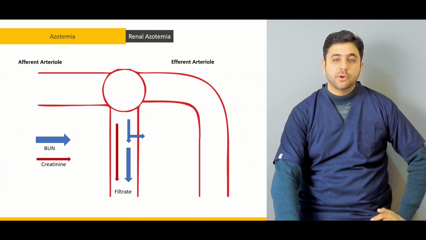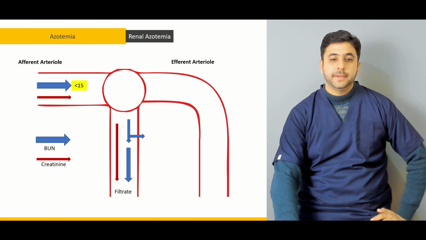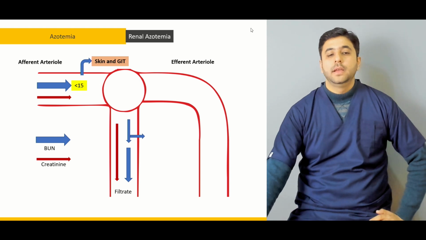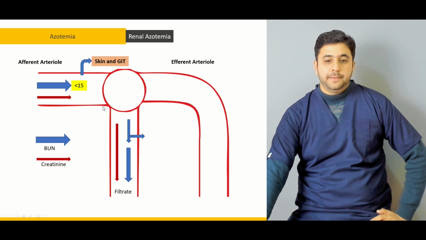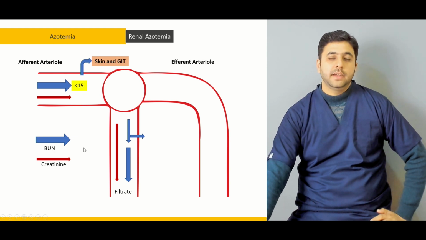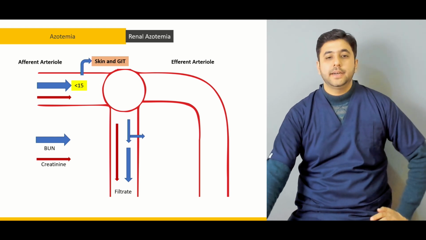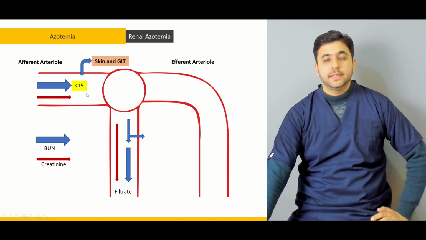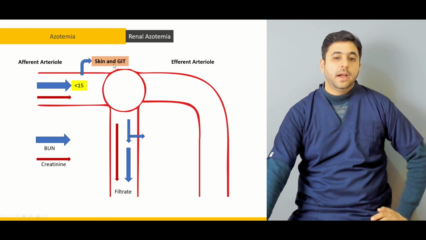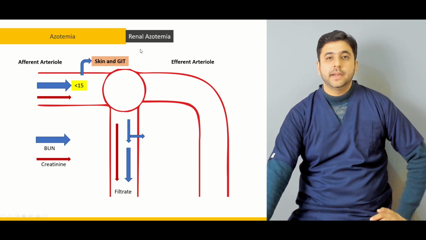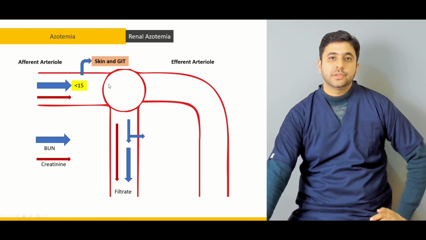Now, if we apply the same concept to renal azotemia, one important thing is that because the kidneys are not functioning well, urea accumulates in the blood, and whenever there is excess accumulation of urea in the blood, some of it is secreted in sweat from the skin, or lost through the GI tract. So whenever there is renal azotemia, there is already some decrease in the urea concentration in the body.